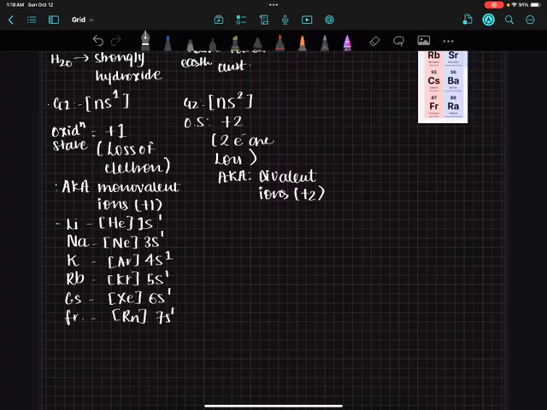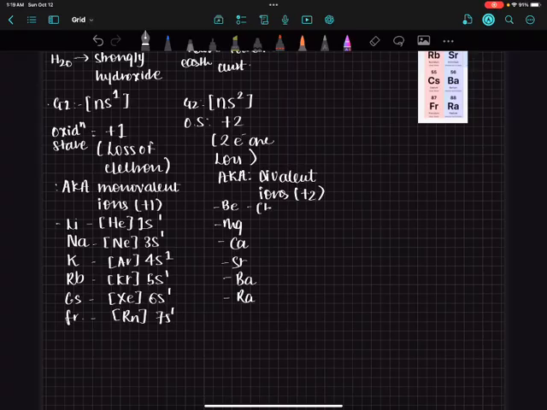For example, beryllium, magnesium, calcium, strontium, barium, and radium. These are the divalent.